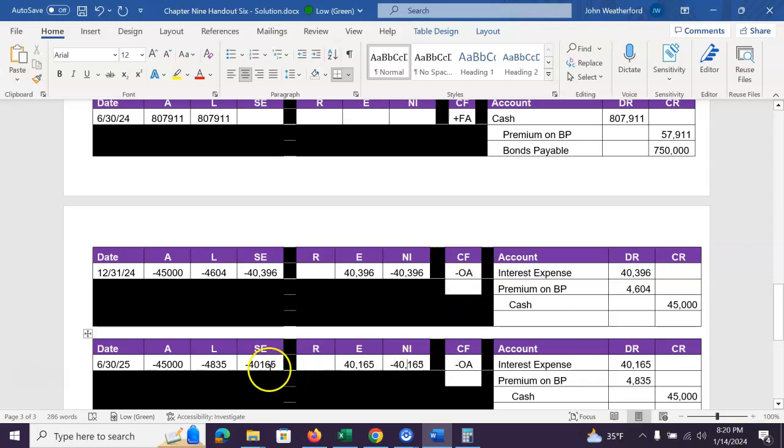The decrease in net income would also cause a decrease in stockholders' equity. The credit to cash, of course, represents a $45,000 decrease in assets. And then the amortization of the premium causes our liability bonds payable to decrease.